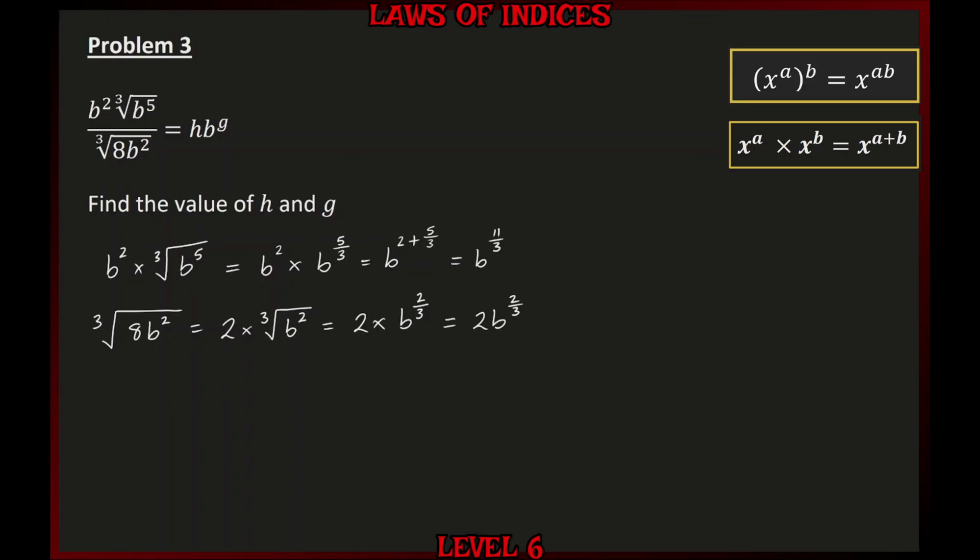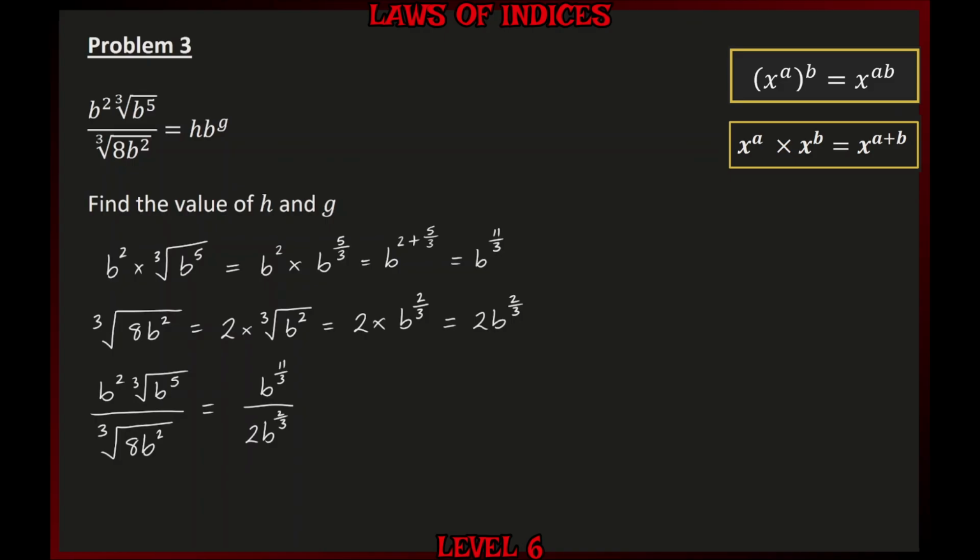Putting this all together means that our original fraction, b squared times the cube root of b to the power of 5 divided by the cube root of 8b squared, can be rewritten as b to the power of 11 over 3 over 2b to the power of 2 over 3.